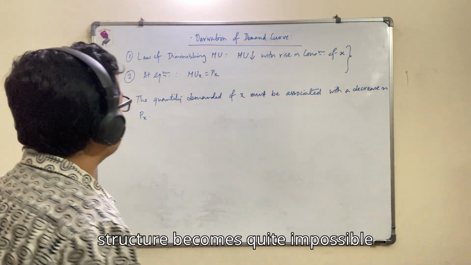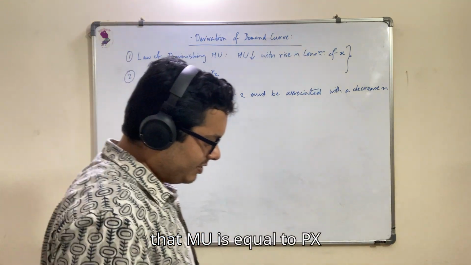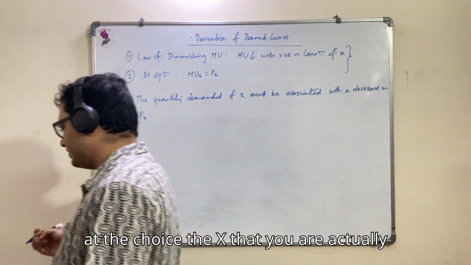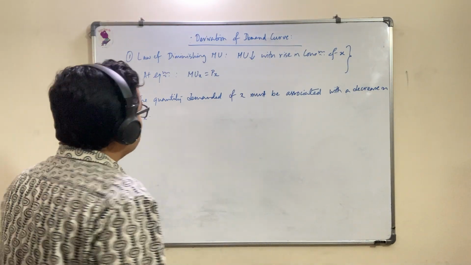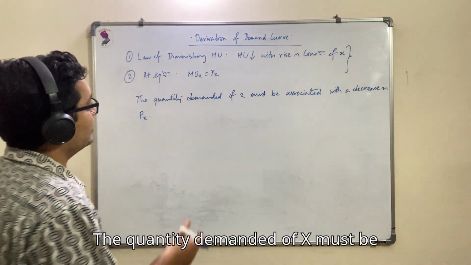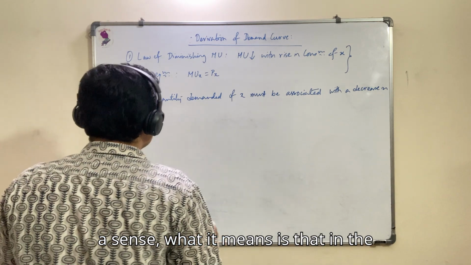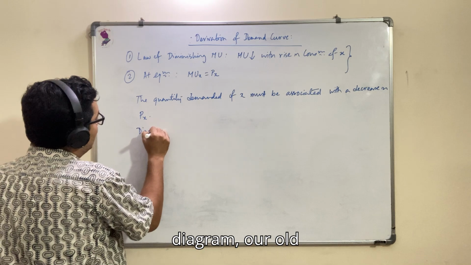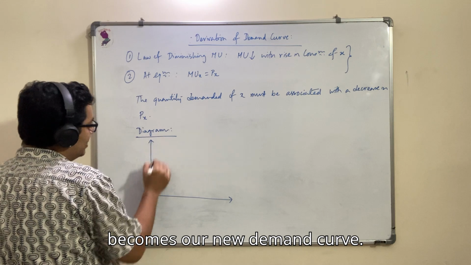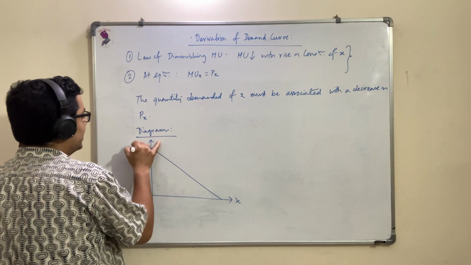Otherwise, this whole structure becomes quite impossible actually. So that means that MU is equal to Px at the choice, the X that you are actually buying. And again, MU is downward sloping and the quantity demanded of X must be associated with the decrease in Px. So in a sense, what it means is that in the diagram, our old marginal utility curve becomes our new demand curve with a little bit of qualification.